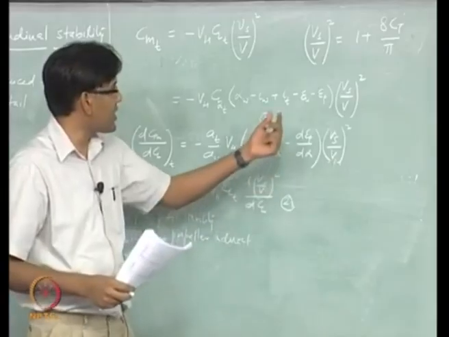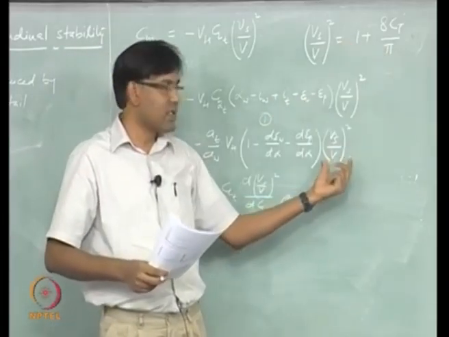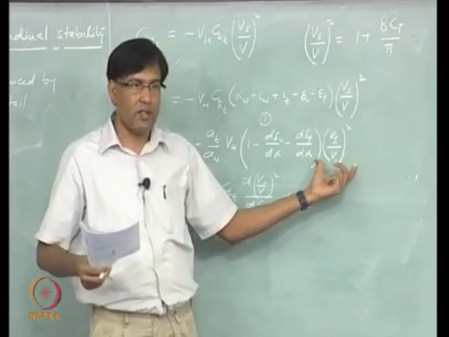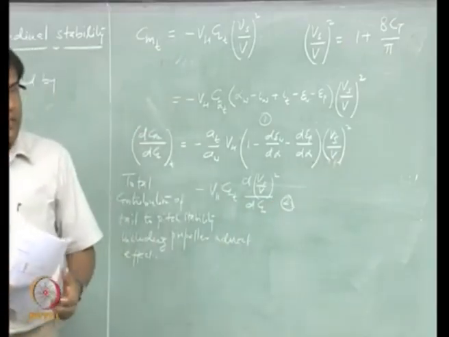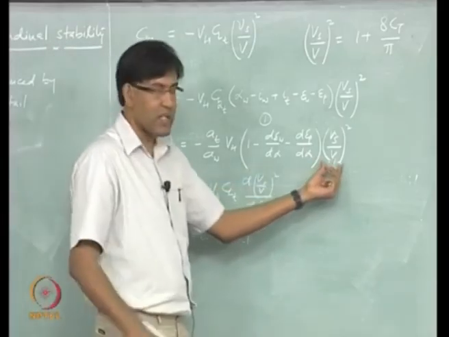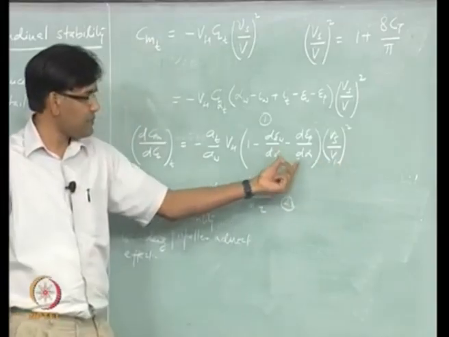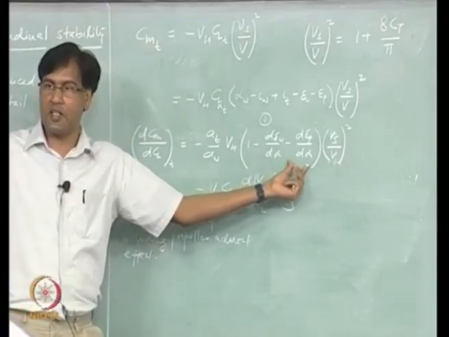But here you see that because of the propeller slipstream, this quantity has become greater than 1, right, even though the tail is behind the wing. So, it is actually adding to stability through this term, right, and decreasing stability through this term.